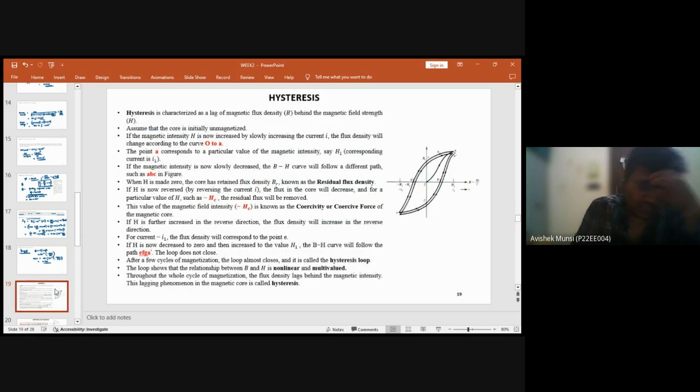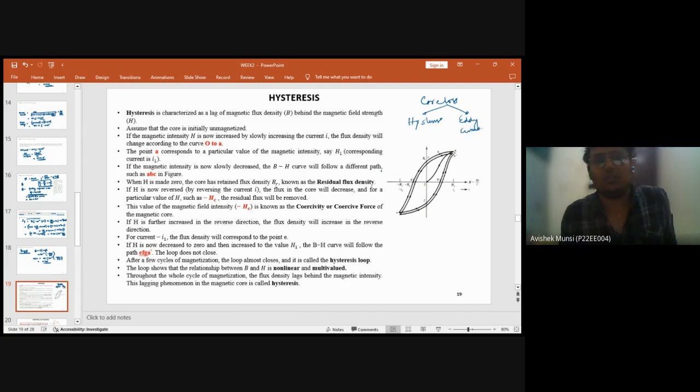So now moving to the next part. We already discussed that there are two losses in a transformer, that is core loss and copper loss. The copper loss is basically due to the I square R loss, but core loss is composed of two losses. One is hysteresis, another one is eddy current.